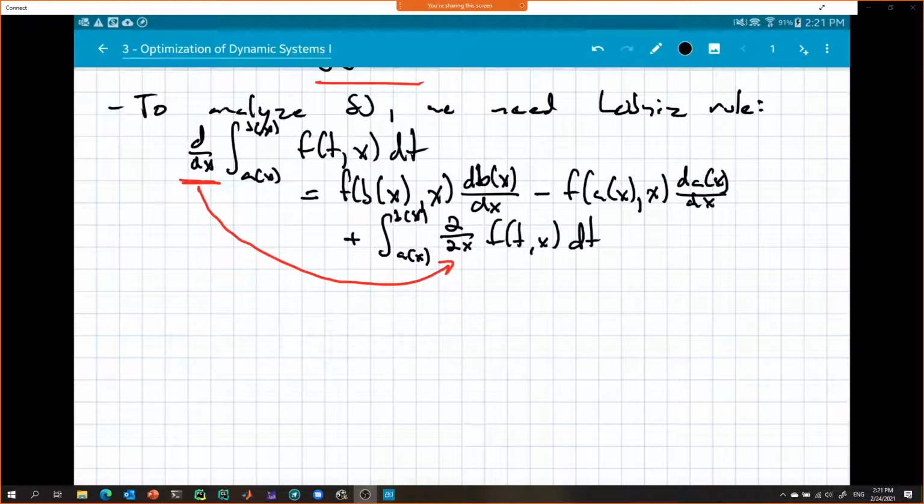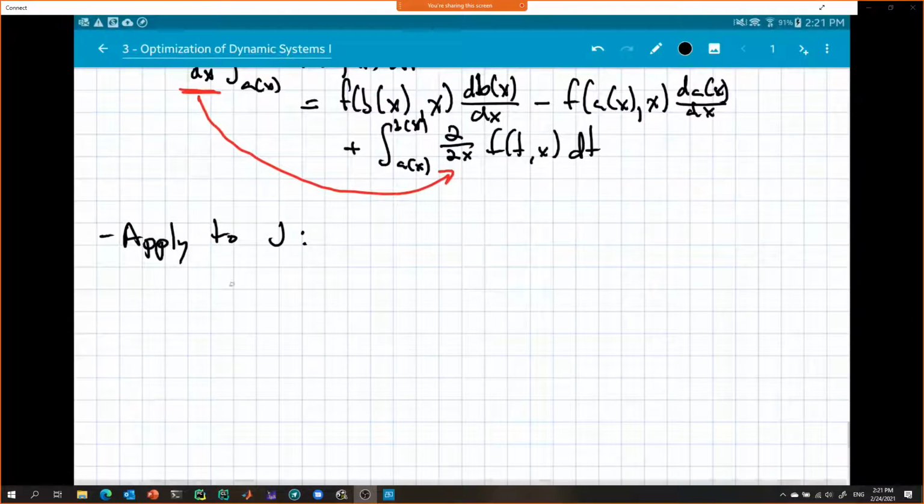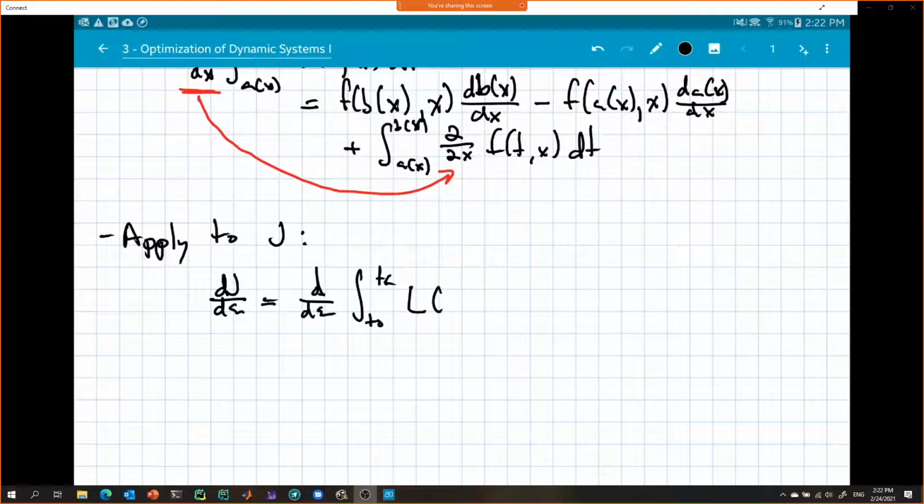Okay, so then we apply that to J. We're going to take the derivative with respect to epsilon of the integral of L of t and u dt.